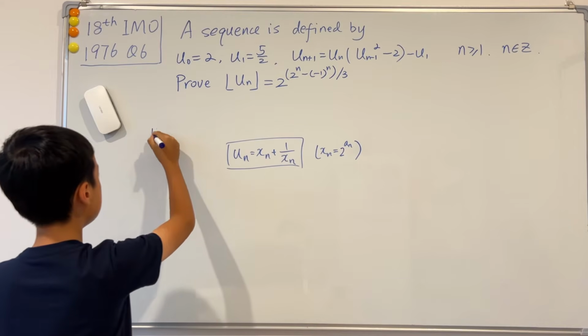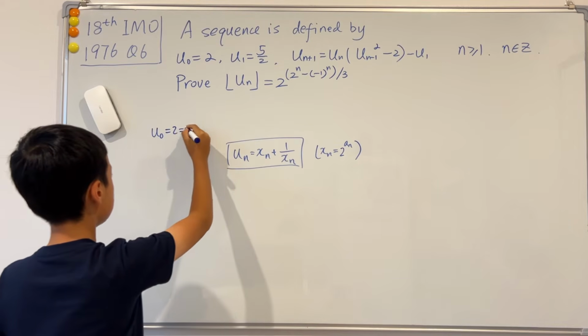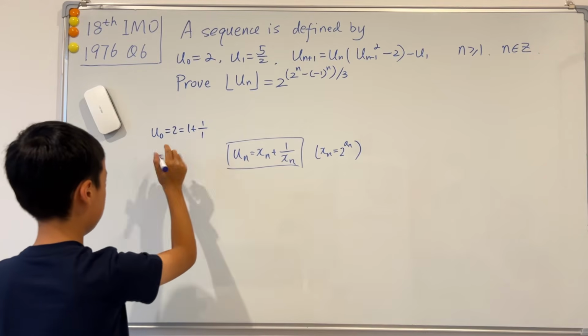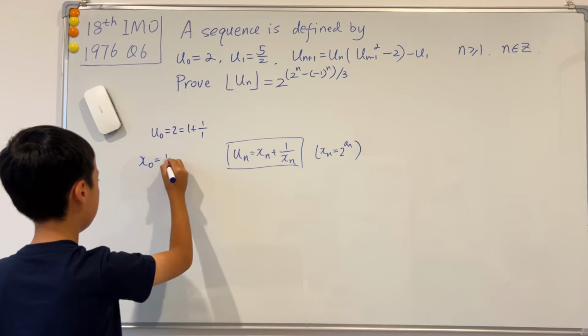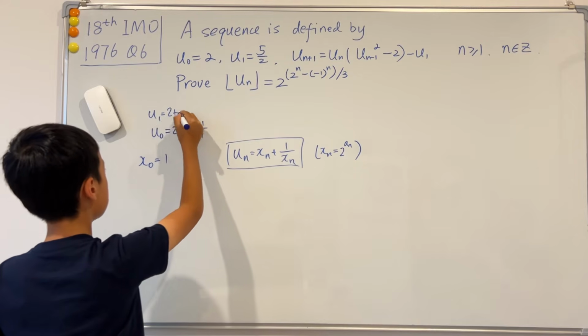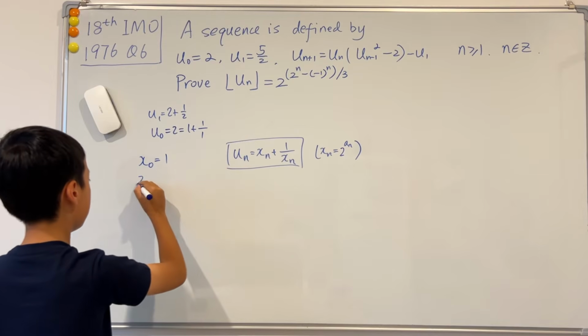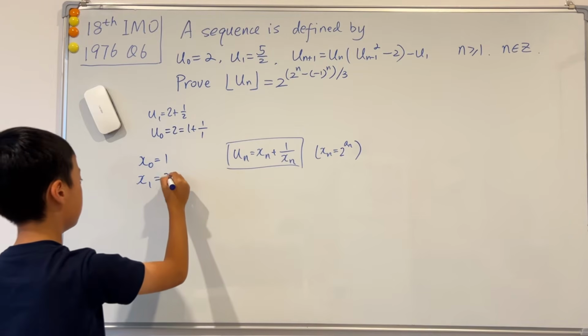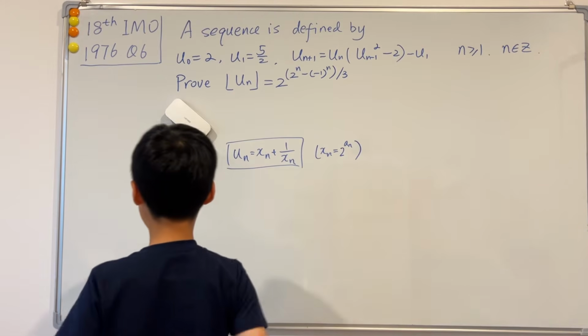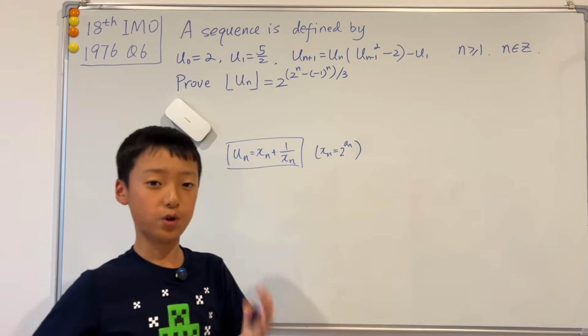So if u0 is 2, which is equal to 1 plus 1 over 1, then x0 is 1. And also, since u1 is 2 plus 1 over 2, then x1 is 2. So I will just leave this on the side so we can use it for further steps.